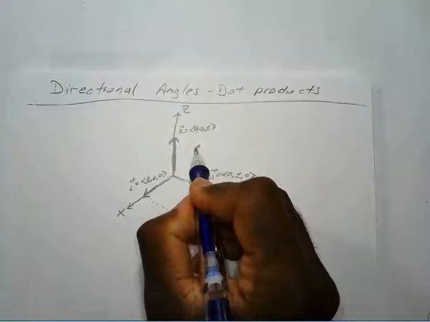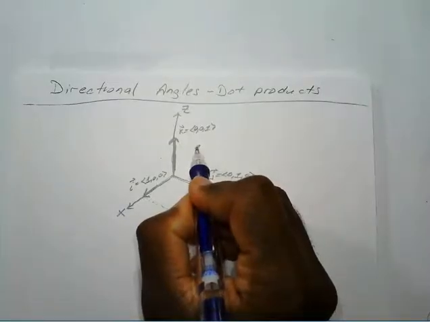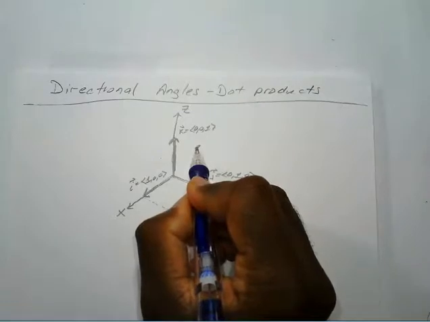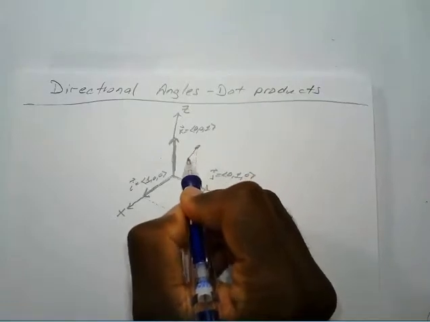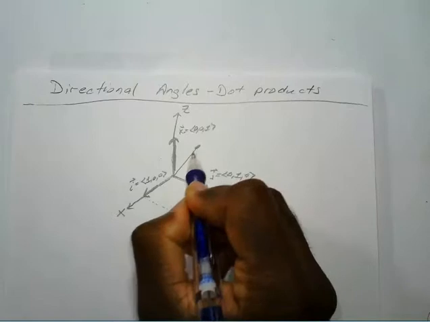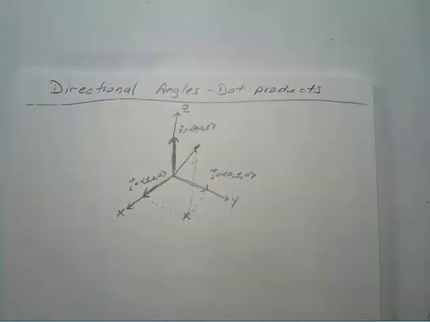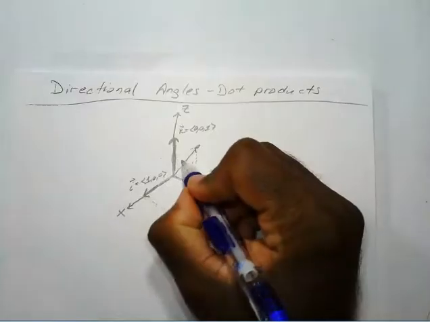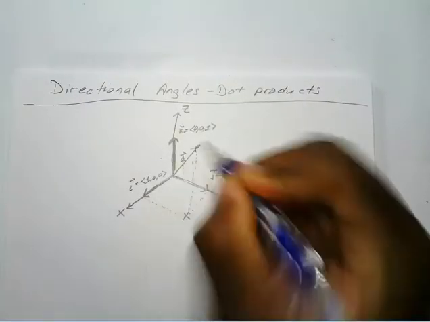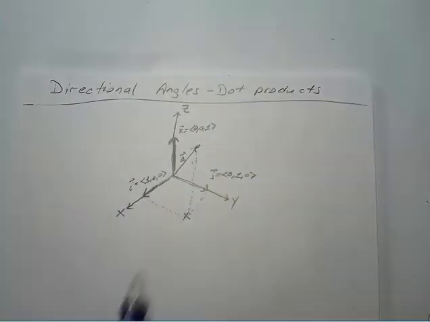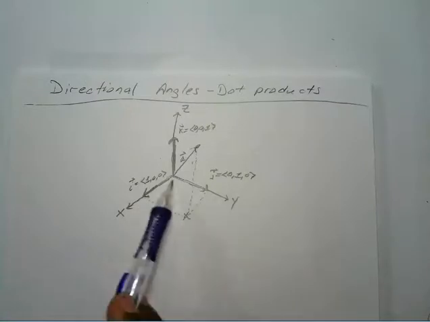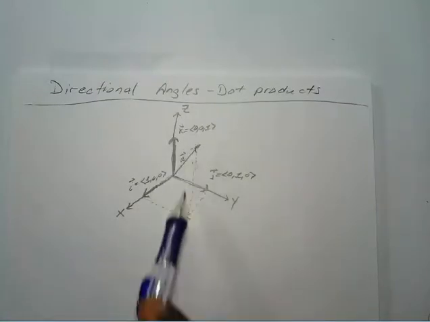Now you get a stick and you put it between the ball and the corner. That stick would be your vector. We'll call that vector A, which leads from the corner right to the ball. And we have all the measurements to see exactly where that ball is.